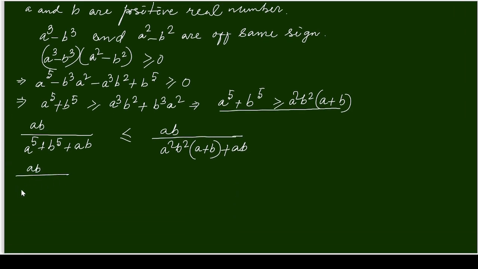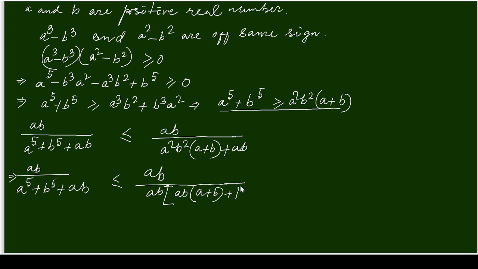Taking AB common in the denominator, this will be AB into A plus B plus 1. AB cancels.